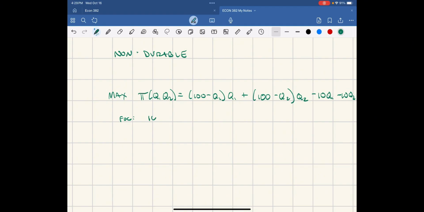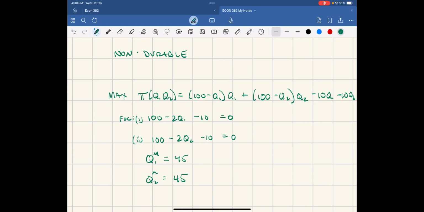I'm going to get 100 minus 2Q1 minus 10 equals 0. And then for the second first order condition with respect to Q2, I'll get 100 minus 2Q2 minus 10 equals 0. I solve for this. I get Q1 for the monopolist will be 45. Q2 for the monopolist will also be 45.